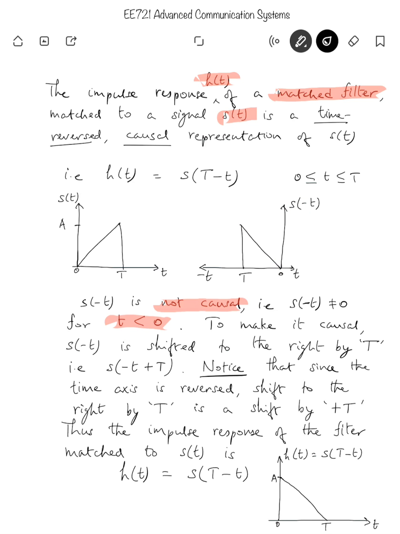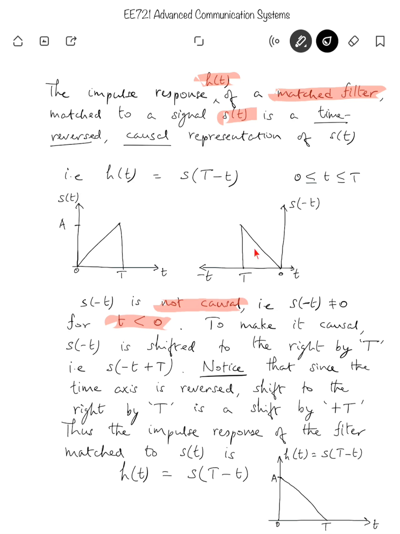So to make it causal, we want to shift this to the right by how much? By T, because when we shift it to the right by T, we'll have this entire portion starting from 0. So there won't be any response before time t equal to 0, or for t less than 0 it would be 0. So that would make the impulse response causal.